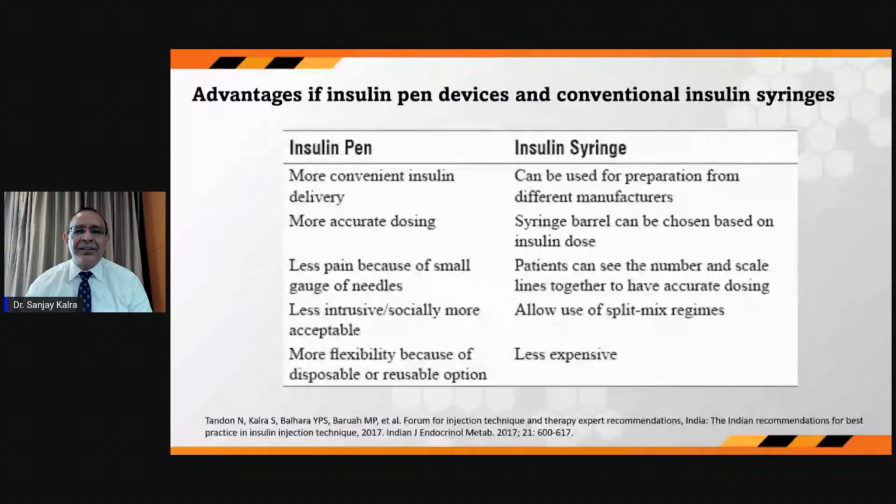And with insulin syringes, you can choose the kind of regimen that you want. For the traditional ones like premixed, prandial, and basal bolus, you can use either a pen or a syringe. But if you want a split mix regimen, then you will have to use a syringe and vials. Cost, of course, is an issue. Syringes and vials in general will be less expensive than pens.